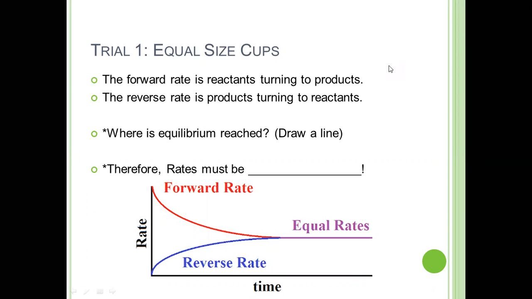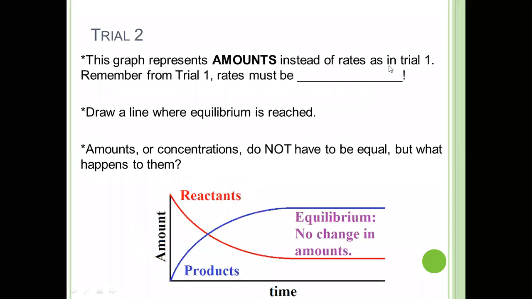So in the next trial, he put the water back in the reactant side, and then he changed his cups. So he had a big cup and a little cup. The big cup was transferring water from the reactants to the products, and the little cup was transferring water from the products back to the reactants.